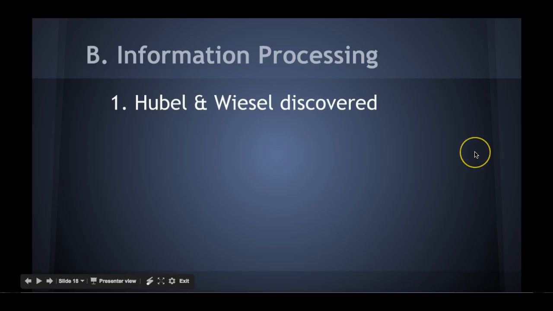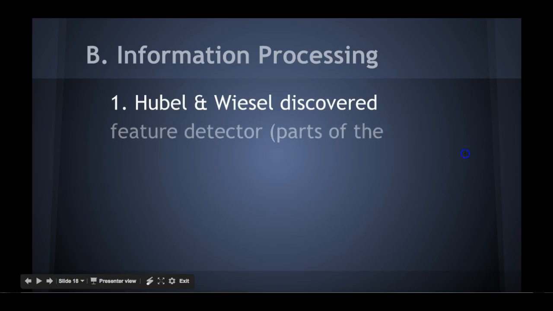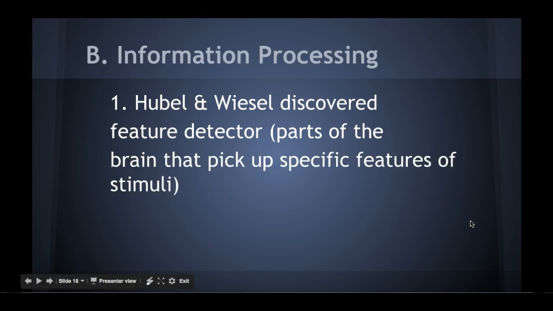Now, once we get to the brain, we can talk about how we process information. Hubel and Wiesel discovered that we have what we call feature detectors. Feature detectors are parts of the brain that pick up specific parts of a stimulus, such as the general shape, movements, or angles.